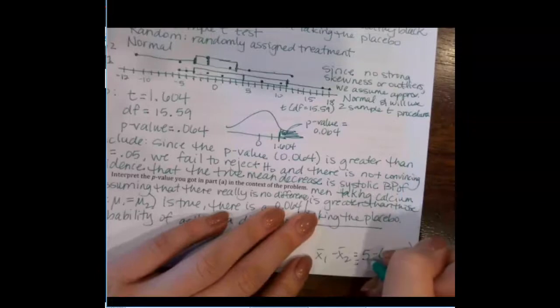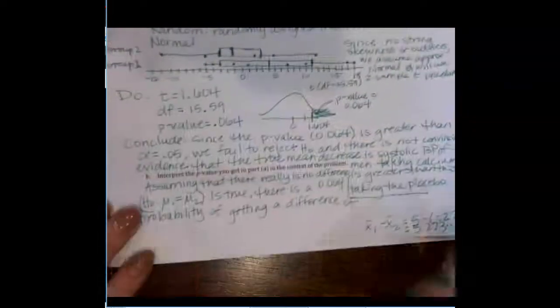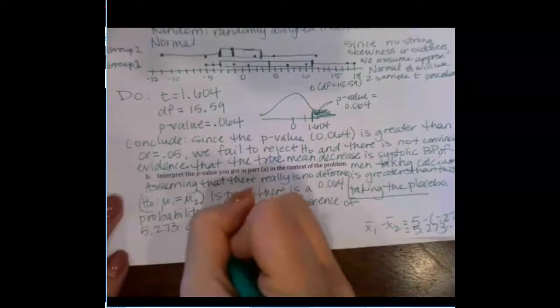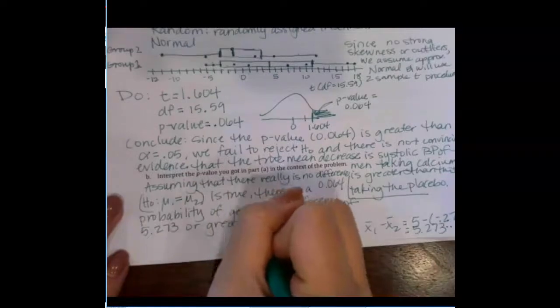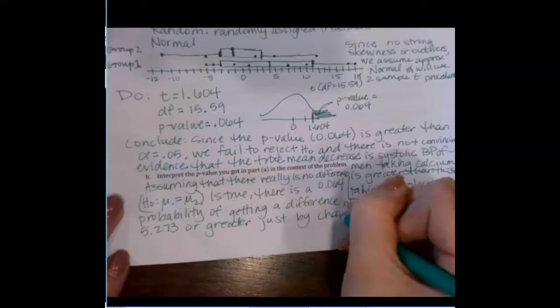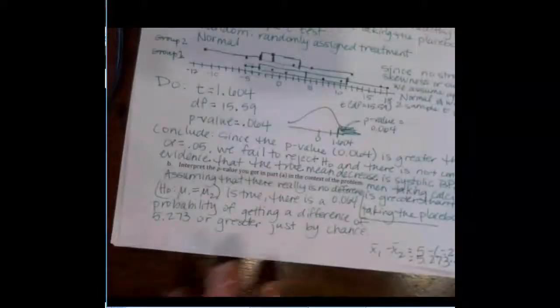So the difference is 5.273. Of getting a difference of 5.273 or greater just by chance. So that is what this p-value means, the probability of getting a difference that great.